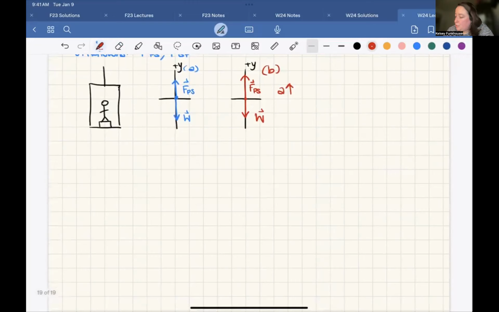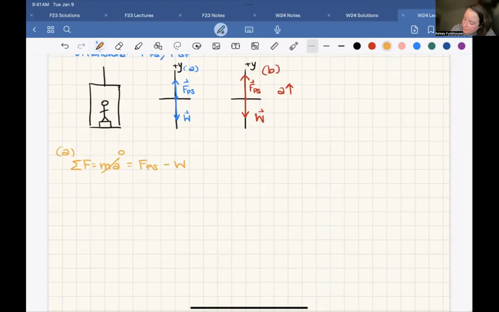Okay, now we'll do these parts one at a time. So for A, the sum of forces is mass times acceleration, but the acceleration is 0. So we have the force in the positive y direction, which is the force on the passenger from the scale, minus the weight force.